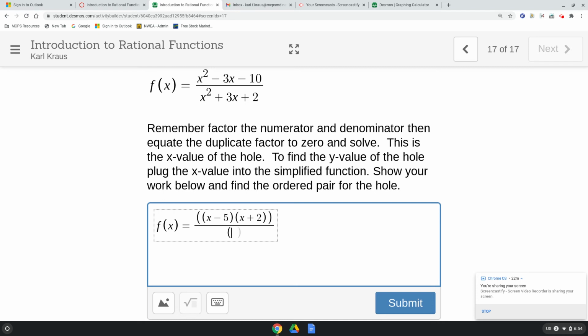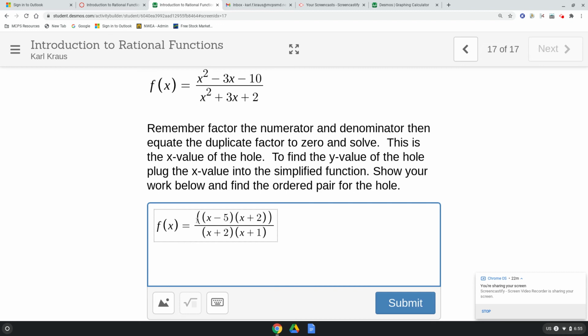This factors into x plus 2 and x plus 1.